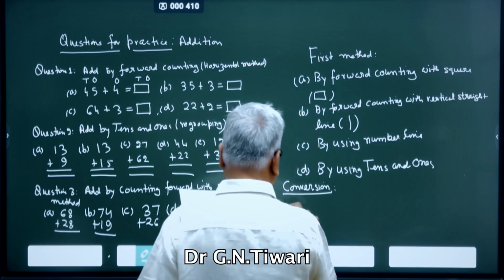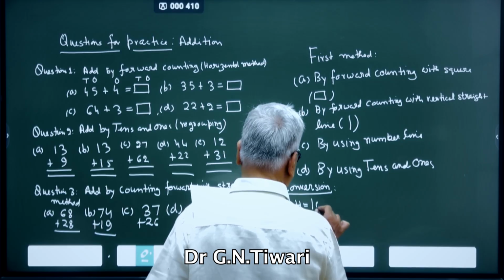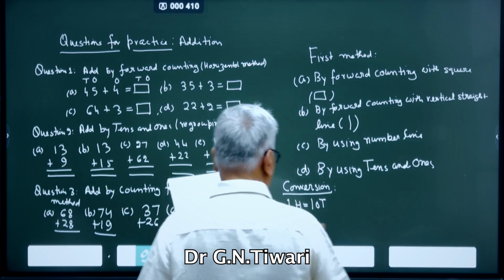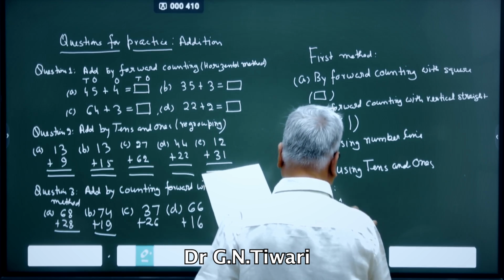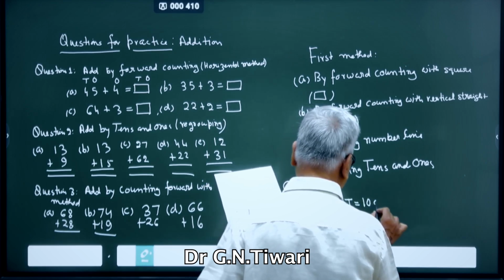Now see, 1H means 10T. Remember this. Then 1T is equal to 10 ones.